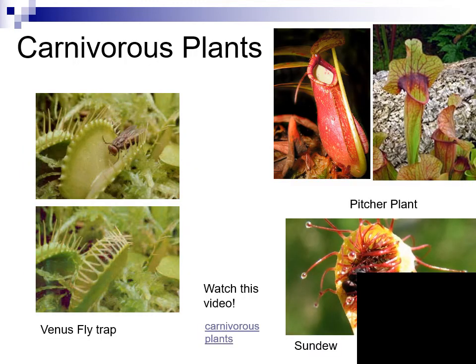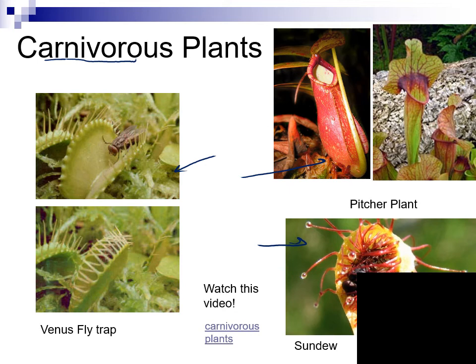Okay? So the last thing about plants that I just want to mention is the carnivorous plants. And so with carnivorous plants, you guys know, I think, that carnivore means meat eater. Okay, so this sounds like these plants are eating meat. They do consume animals, but notice that all of these pictures, the Venus flytrap and the pitcher plant and the sundew, they're all green.